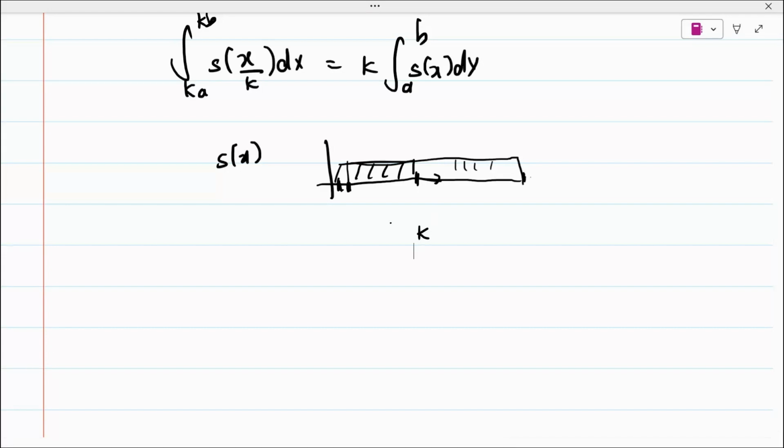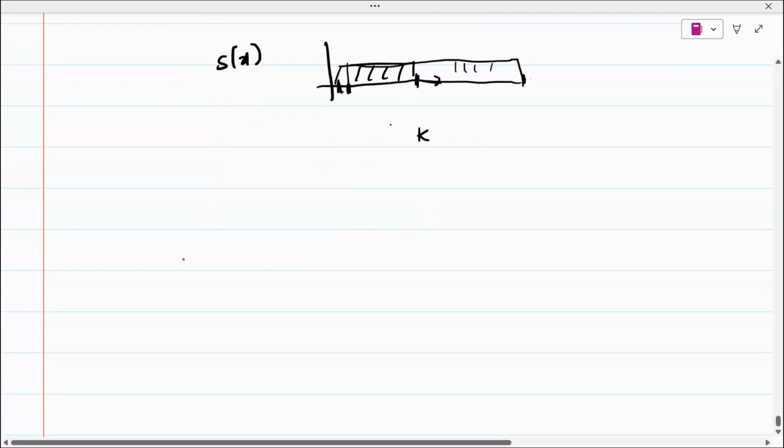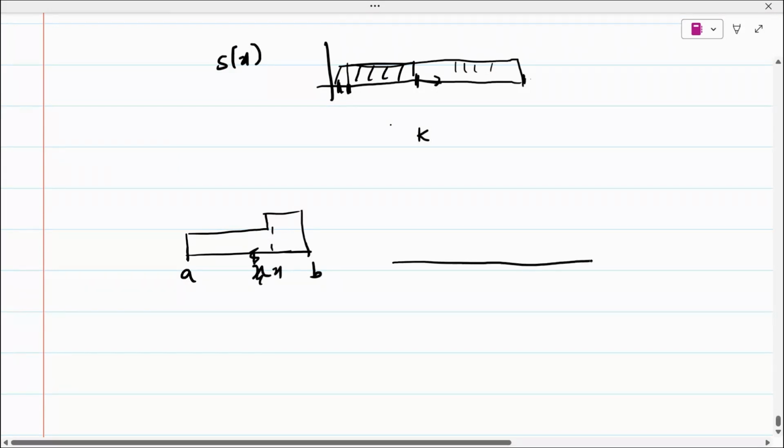To understand it more diagrammatically, you can just show it like this. There is a, there is b, and here some x. Now this is 2a, and this is 2b.